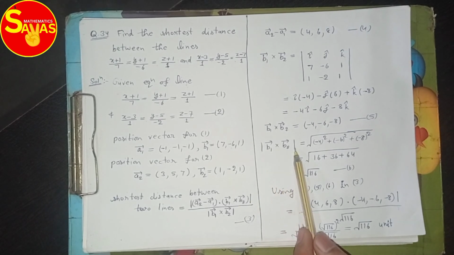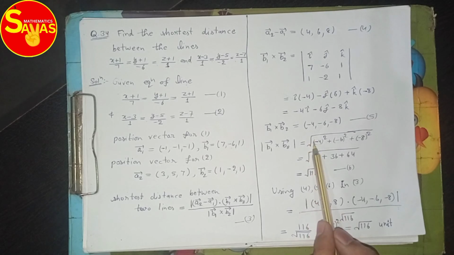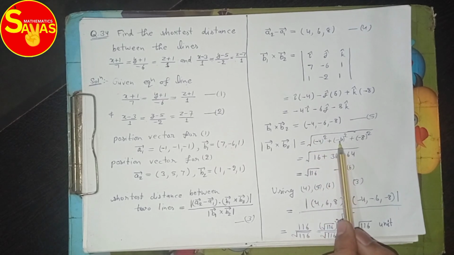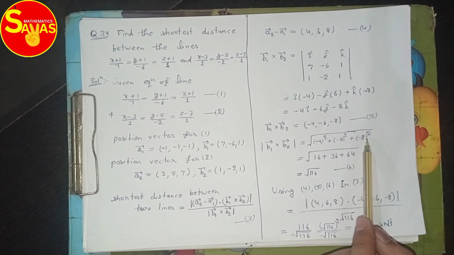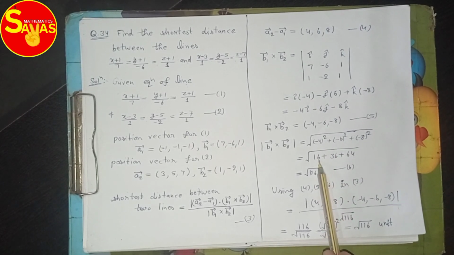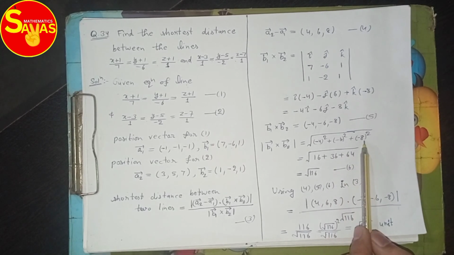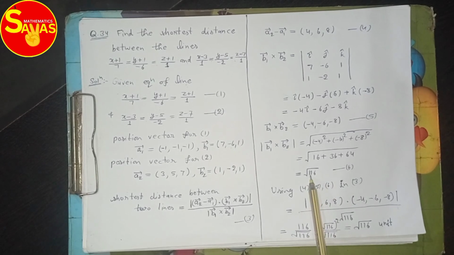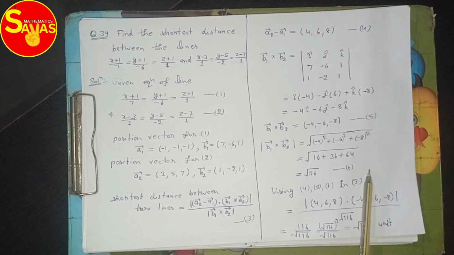Modulus of B1 cross B2 is equal to the square root of the square of minus 4 plus the square of minus 6 plus the square of minus 8. So the square of minus 4 is 16, the square of minus 6 is 36, the square of minus 8 is 64. Add all of them: under root 116. Mark the equation number 6.